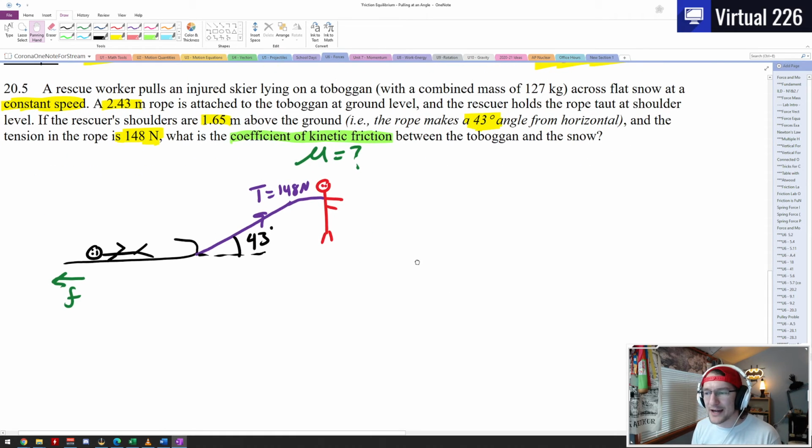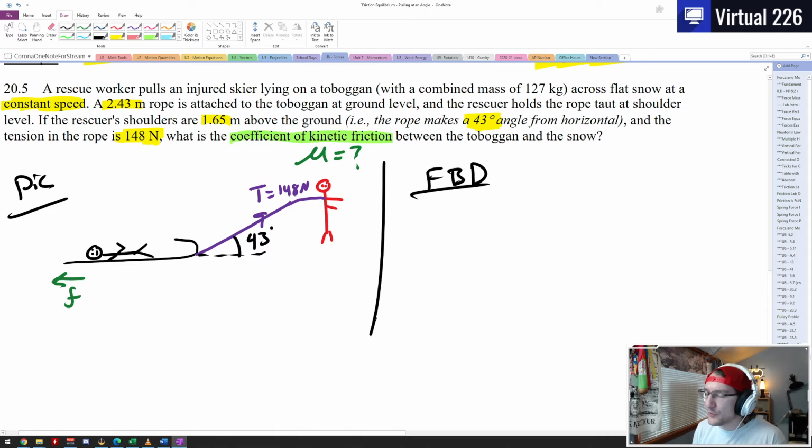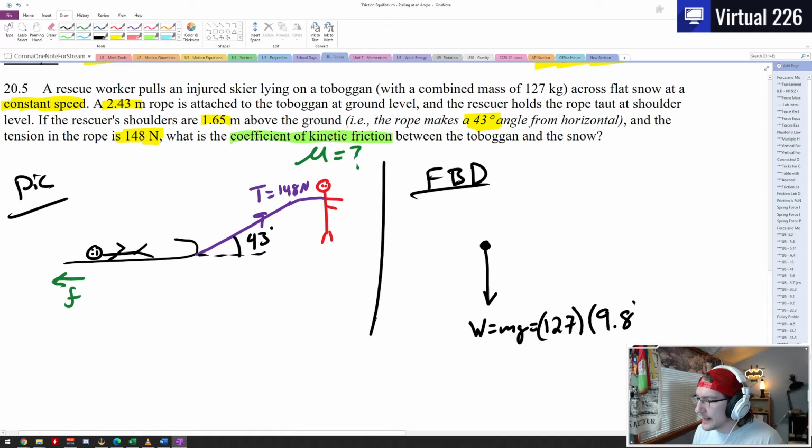Let's make a free body diagram now instead of just dealing with this picture, because this is kind of complicated to look at. So if we have the free body diagram of our person, our person is laying there in the sled, and they have a weight, which is mg, and their mass here was 127 kilos, and that's going to be multiplied eventually by 9.8.